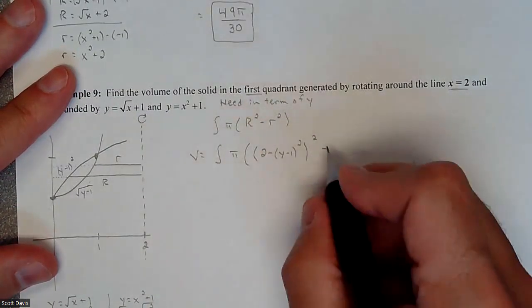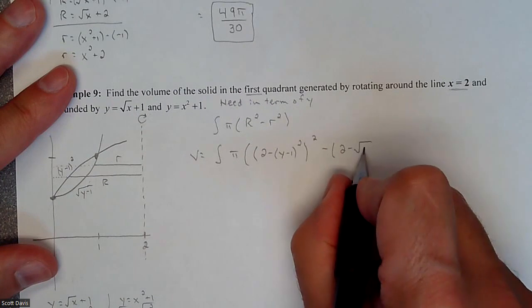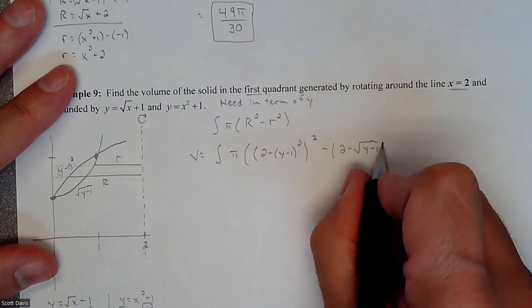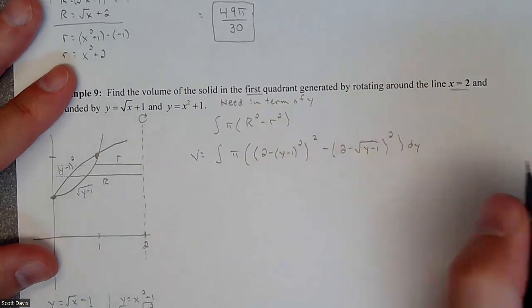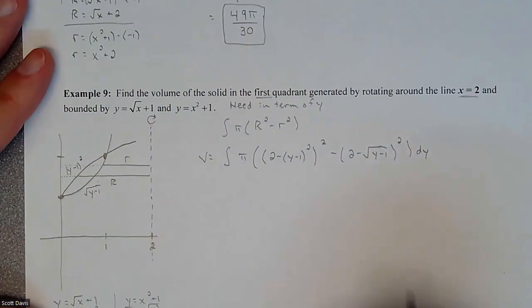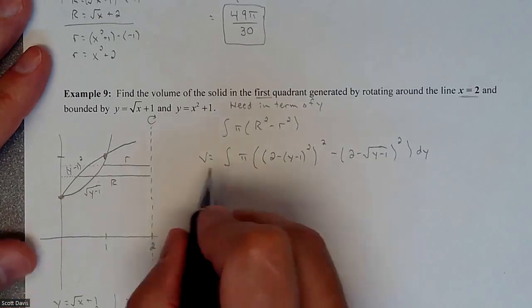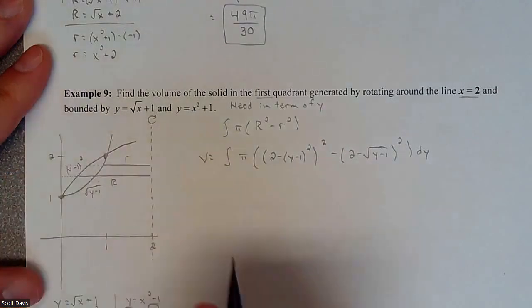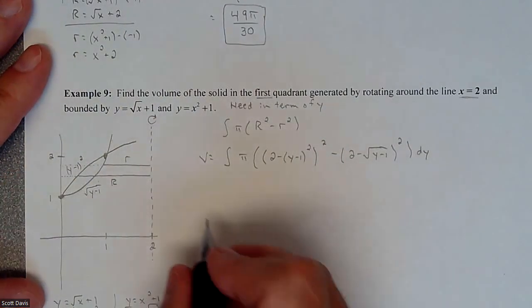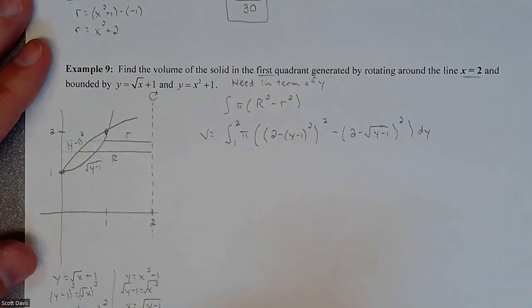So that's big R minus small r, squared, dy. All right, and then our bounds. Our bounds are y values, not x values. And so our bounds are going from here to here. So we're going from a 1 to a 2.